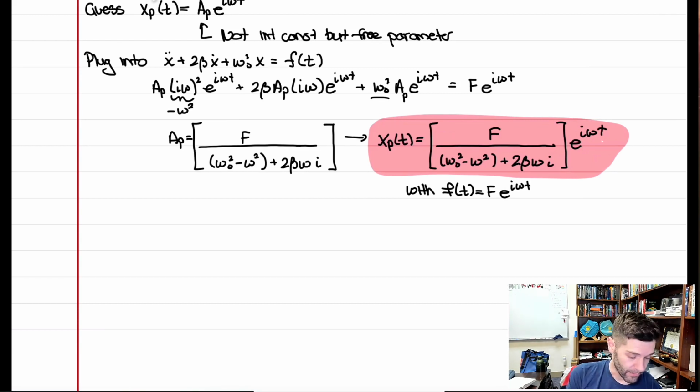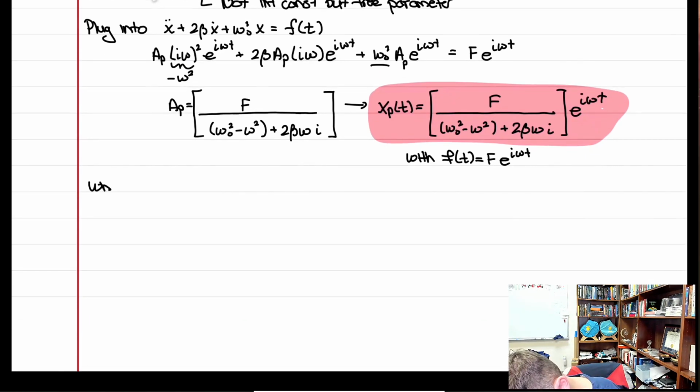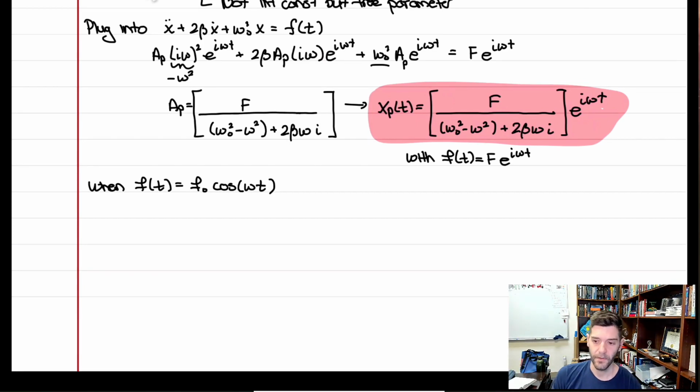But of course, ultimately what we wanted to solve for is the particular solution when the right-hand side is not e to the i omega t, but when F of t is, we said, F naught cosine of omega t. Again, remember, no subscript means it's the driving frequency.